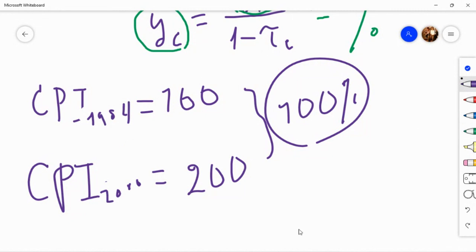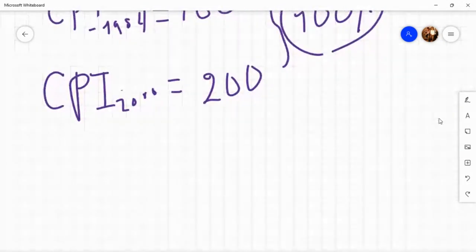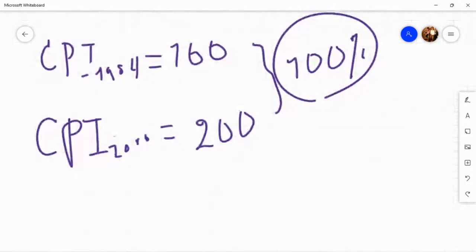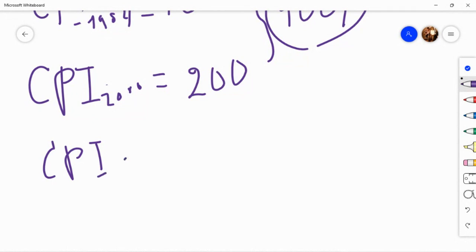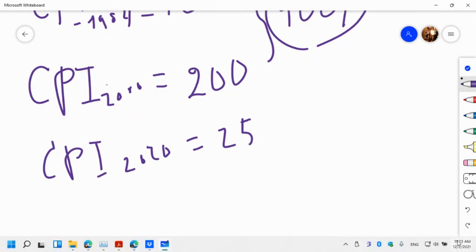Then that means between 84 and 2000, there was 100% inflation, right? But that's almost 40 years, and that's understandable. And then if CPI of 2020 was 250, 300, let's say 300.